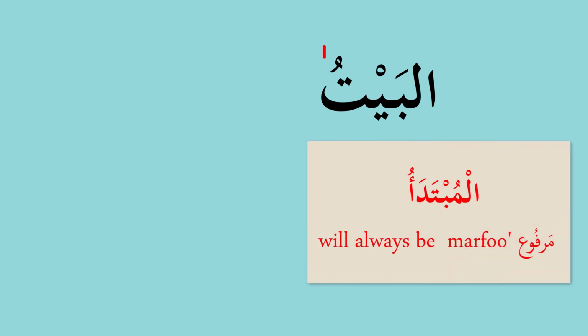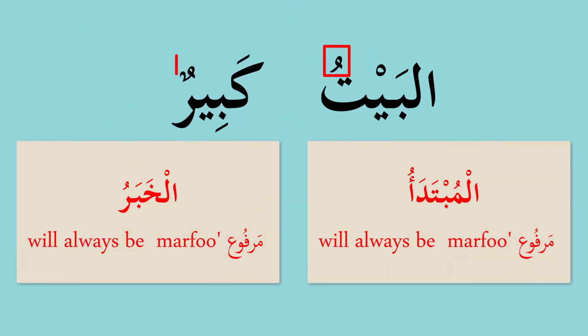Brother, did I tell you? Did we learn, brothers and sisters, that mubtada is always marfu. And khabar is always marfu. Now we go one step forward. Khabar is only marfu if it is one word.